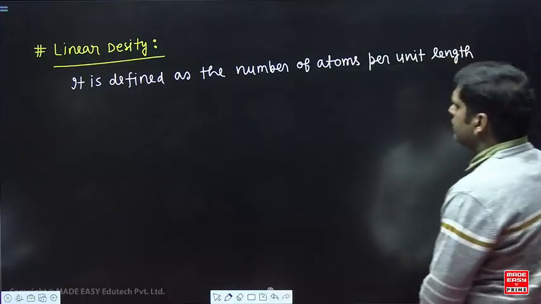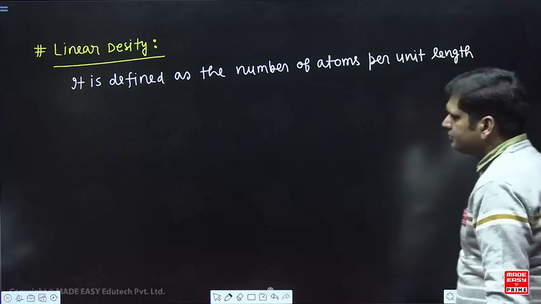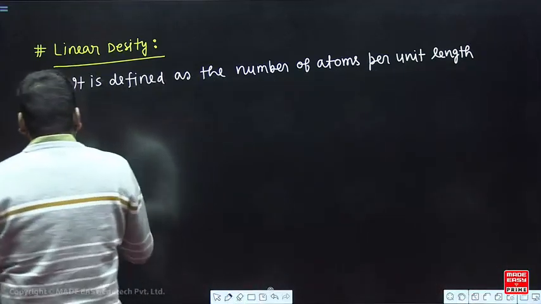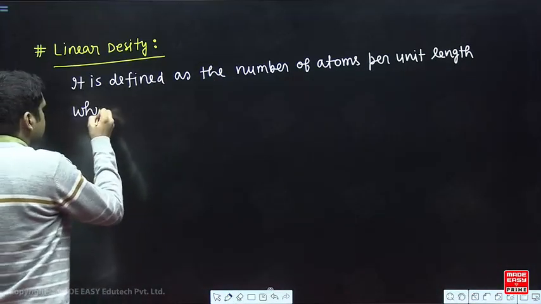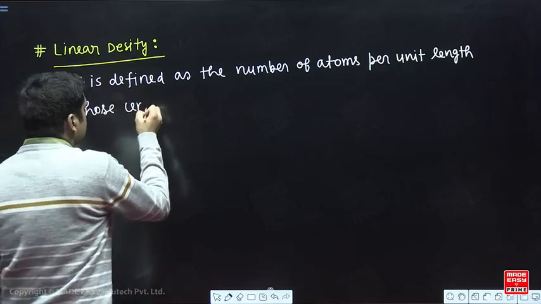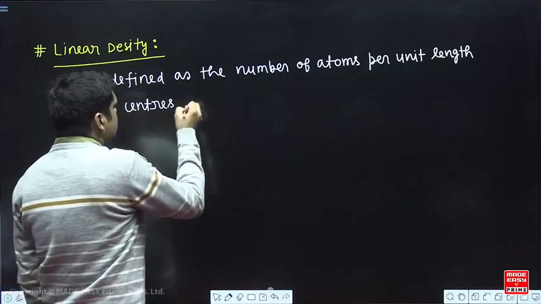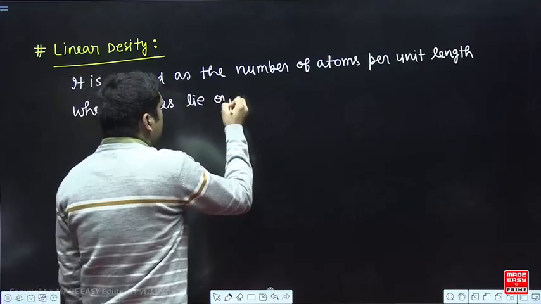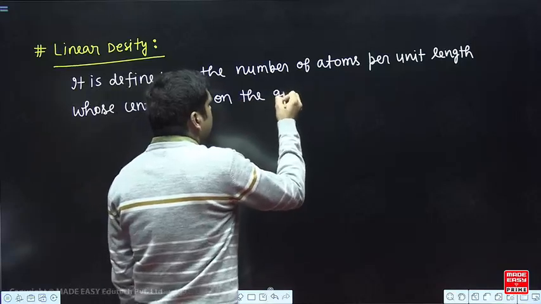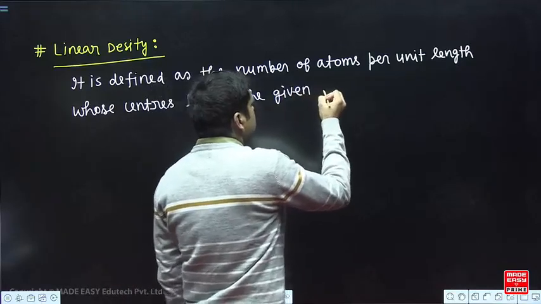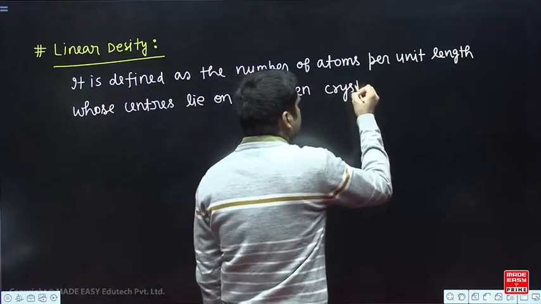It is defined as the number of atoms per unit length whose centers lie on the given crystallographic direction.